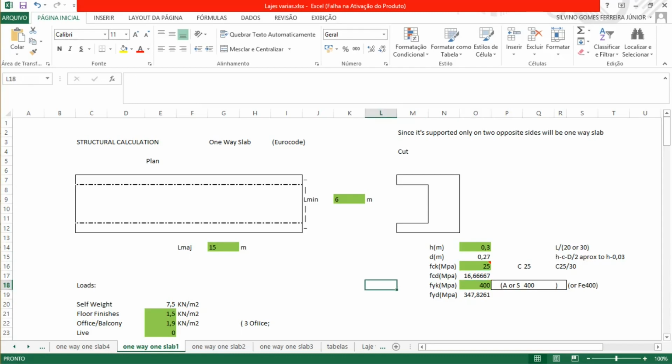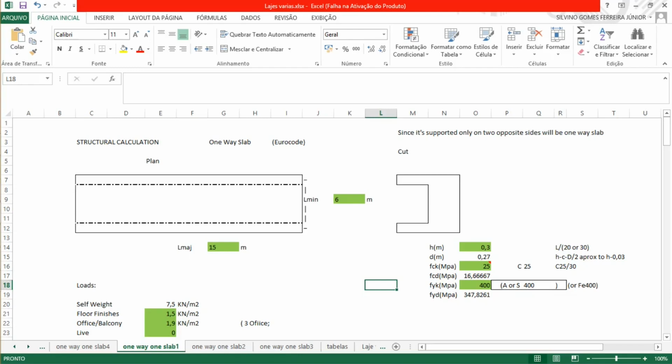We're going to use for the reinforcement steel A400 or S400, as we want to call it. That is the F450, 435, you could say F400.